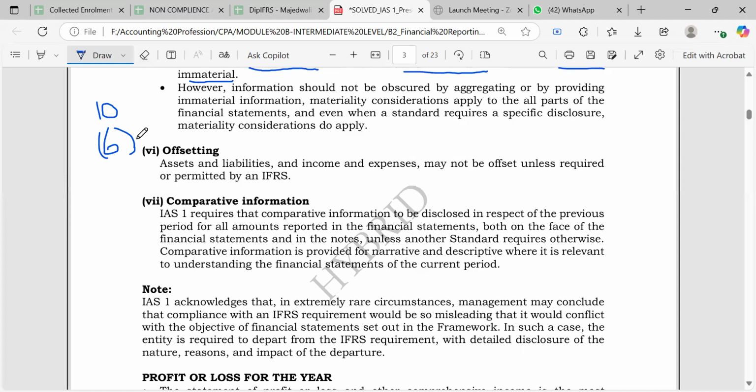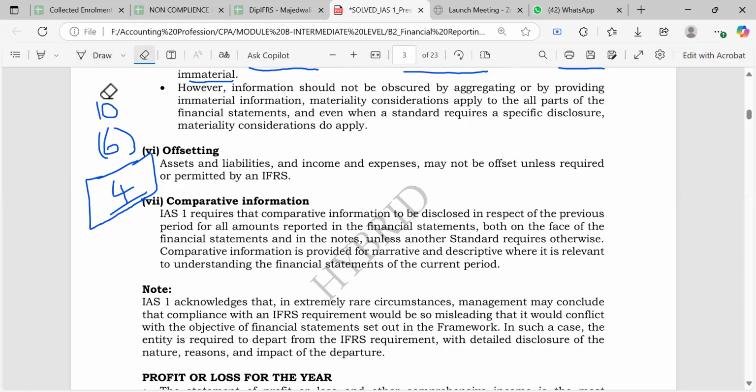You borrow 6 million to invest 10 million on the same thing, right? So some people could say, okay, in this case, when other matters that have been explained by the standard are met, maybe you can be allowed to offset. I'm just giving an example, right? But to do this, the standard itself must have spoken about that. You shouldn't do it by yourself.